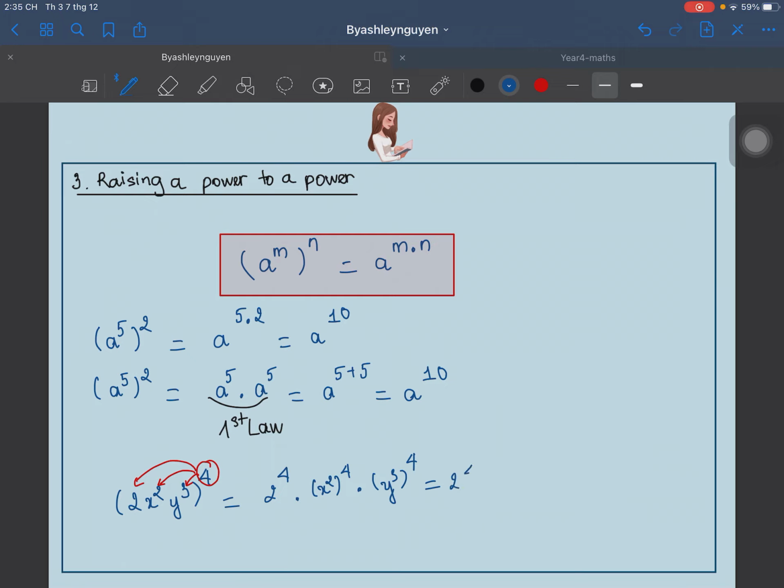It equals 2 to the power 4, and we need to multiply the powers with the same base together: x to the power 2 times 4 times y to the power 3 times 4, which equals 2 to the power 4 times x to the power 8 times y to the power 12, which equals 16 x to the power 8 times y to the power 12. All correct now.